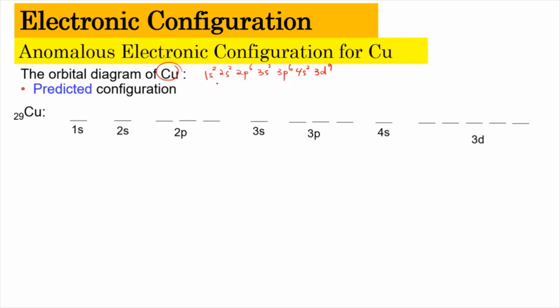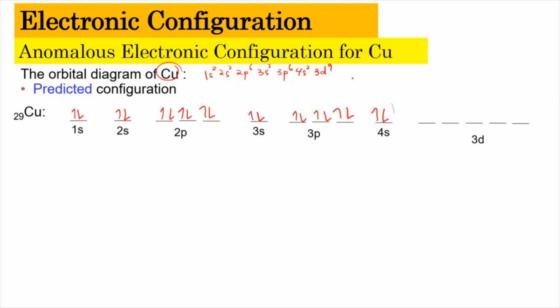Okay, and now we're going to convert the spdf notation into the orbital diagram. So 1 and 2, 1 and 2, 1, 2, 3, 4, 5, 6. So we have 10 in total, and then we're going to continue again. So we have 18 now, and then we have 20.